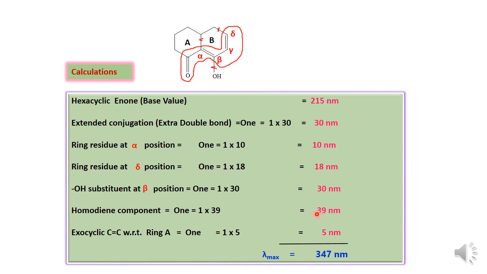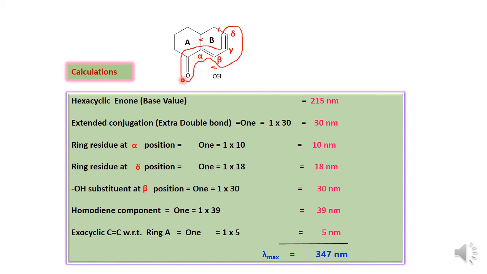Then another thing, you have to look for the exocyclic double bond present in this conjugated system. You have to see all these things carefully. First we will see ring A. Now this carbonyl group is there, but we will not consider it as an exocyclic double bond.